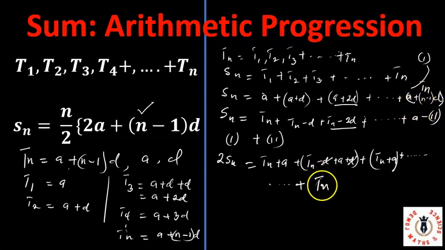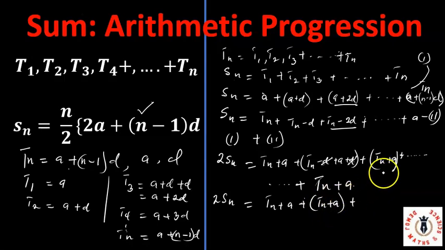That's Tn plus a. So my 2Sn now will become Tn plus a, minus d and plus d giving way, plus Tn plus a, plus Tn plus a again, and it continues like this until I get to the nth term, which is also Tn plus a.